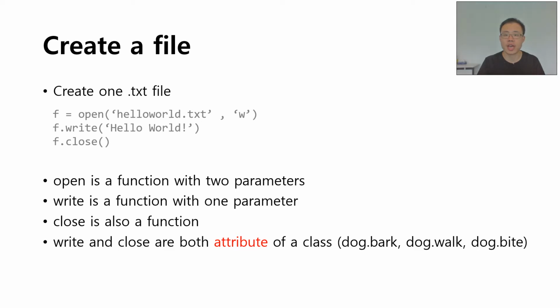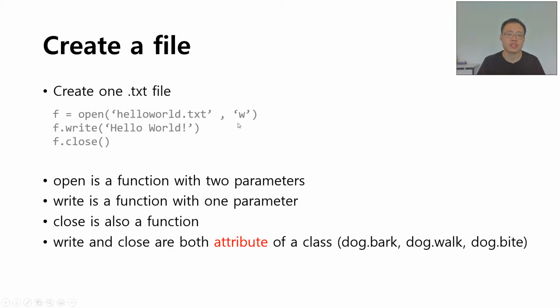If you want to indicate which file you want to open under which folder, you have to specify the specific file and folder's location. Here, we just have hello world.txt, so it is assumed that this file is under the current working folder.